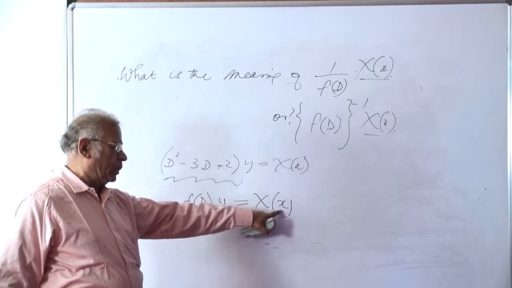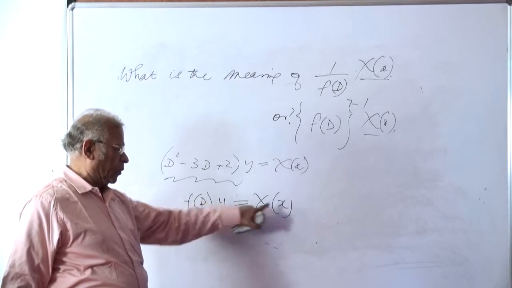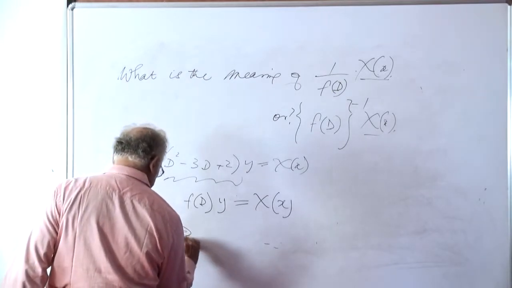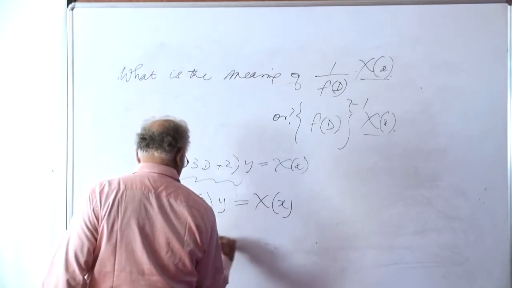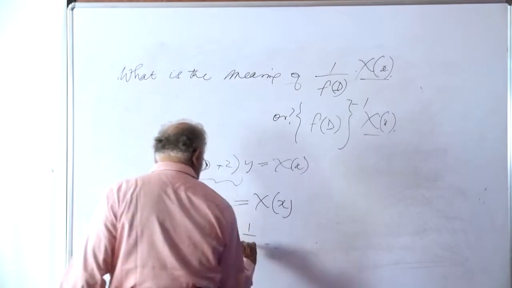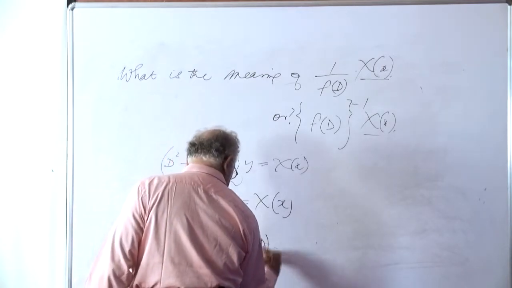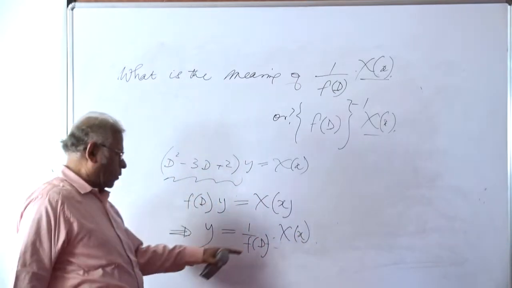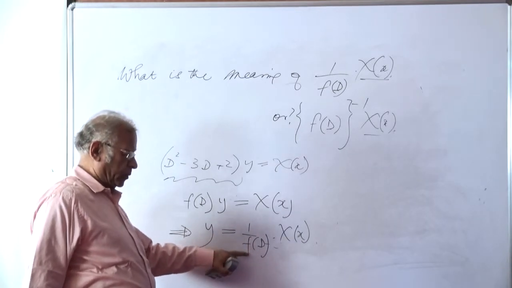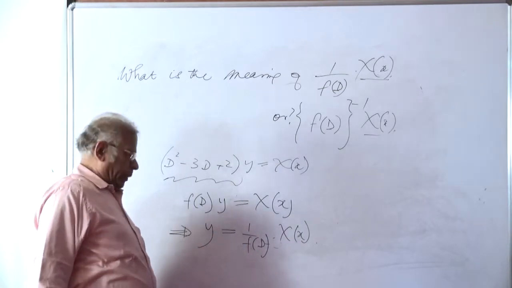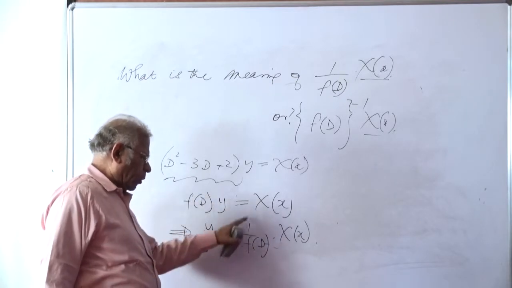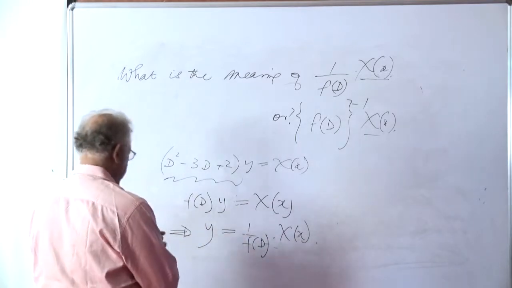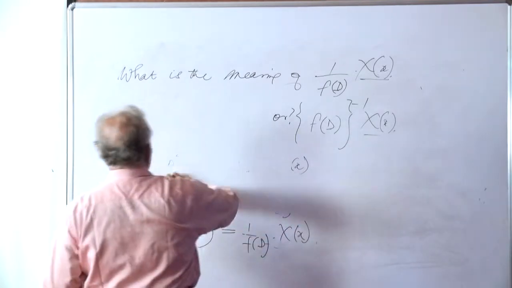This is capital, this is small, x is the independent variable, and y is the dependent variable. So, from here, one can write y is equal to 1 over f(D) operating on X. The question is, what does this mean? We will take this up separately and give a meaning to 1 over f(D) operating on X as a function of x.